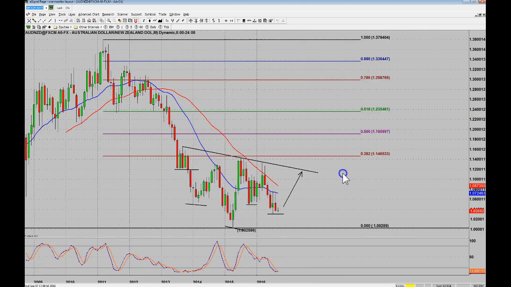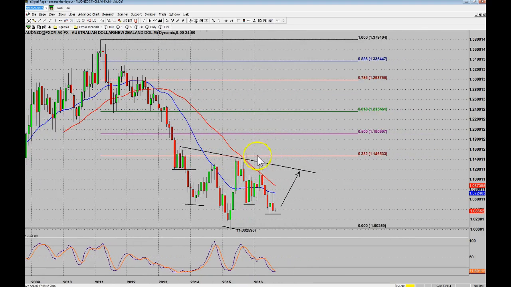But I can clearly see that there's a 382 fib up here. And all I know is that should we ever make it here, there will assuredly be a reaction. I can guarantee you. I don't care if it's 6, 8, 10 months. You ever get up here towards that price of 114.5, there's going to be one monster stalling reaction that will occur right there.